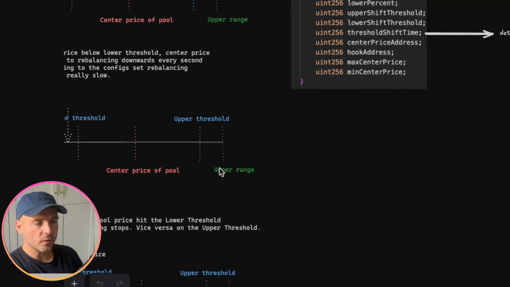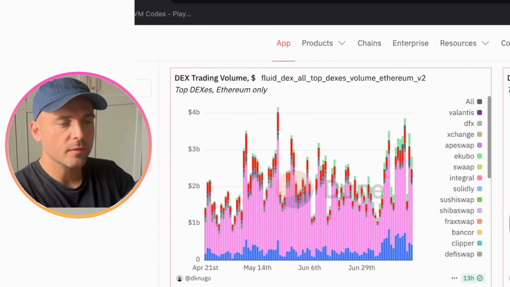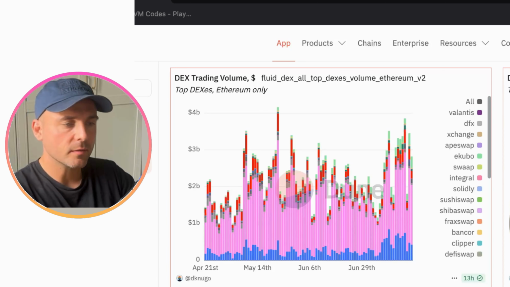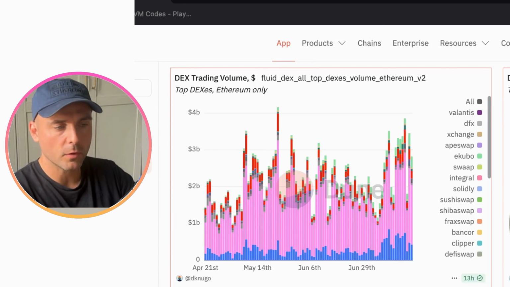The speed at which this rebalancing happens depends on the configuration of the threshold shift time variable. As I already mentioned, this dynamic range shifting has worked extremely well for non-volatile pairs, meaning stables and pegged pairs like Coinbase Bitcoin to Rub Bitcoin, for example.